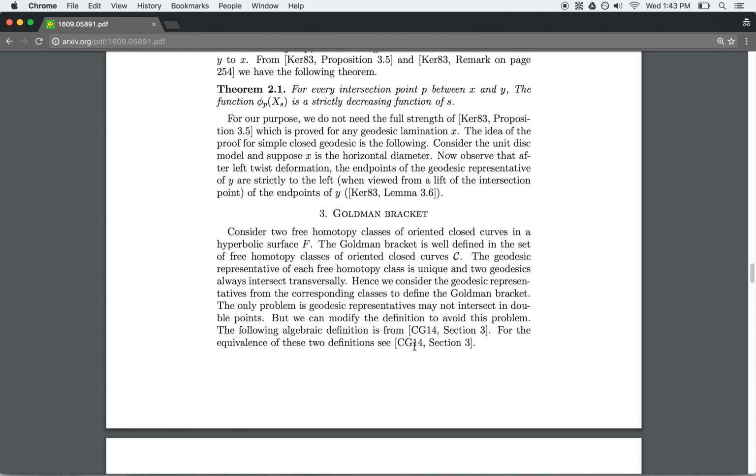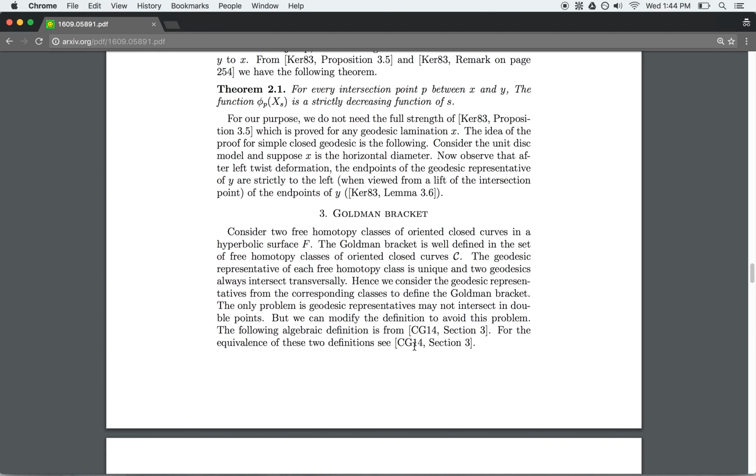Goldman bracket. Consider two free homotopy classes of oriented closed curves in a hyperbolic surface F. The Goldman bracket is well defined in the set of free homotopy classes of oriented closed curves, C. The geodesic representative of each free homotopy class is unique, and the two geodesics always intersect transversely.